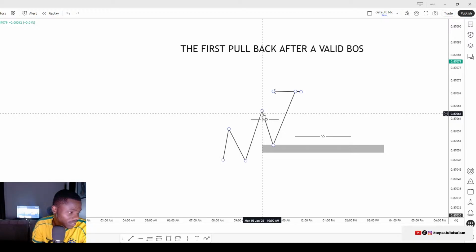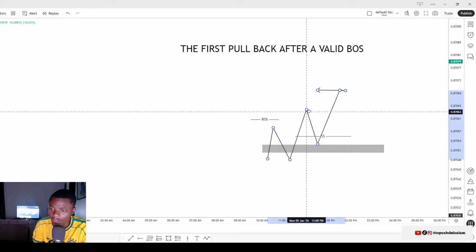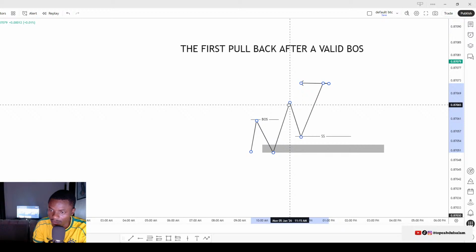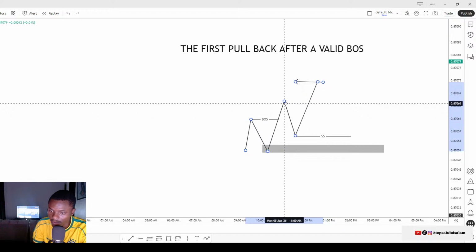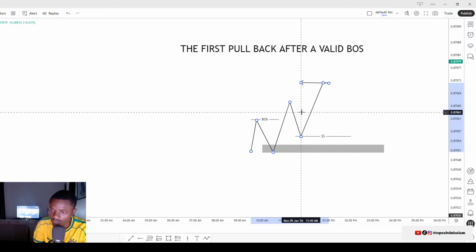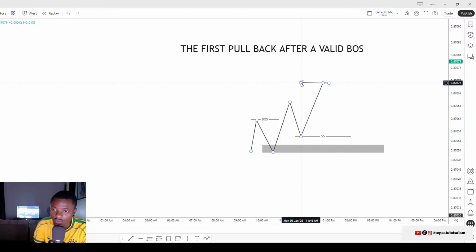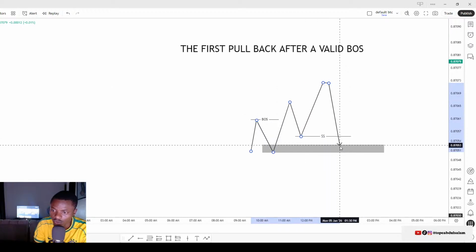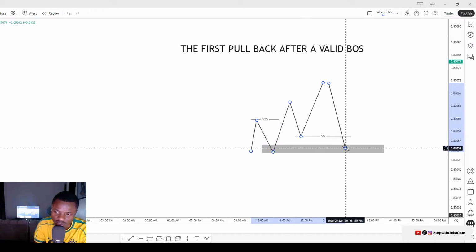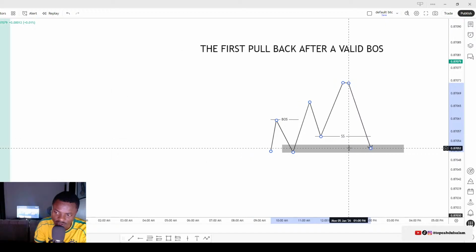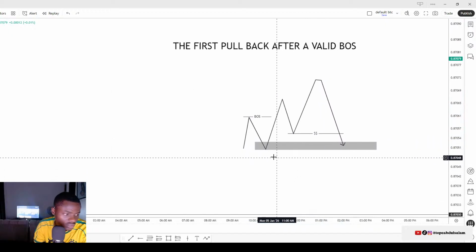Hello, are you guys there? So we can look for price to do what? To come back, sweep this liquidity, then it will give us an entry around here. So this is the structure right here.